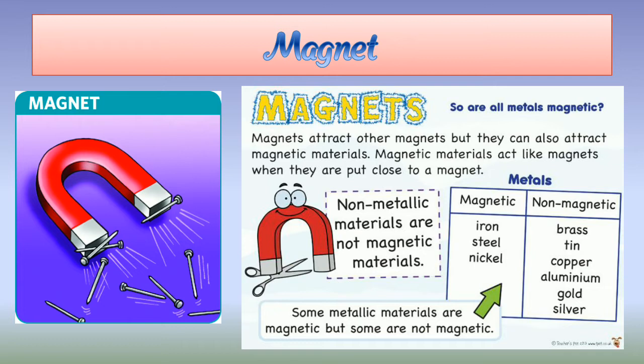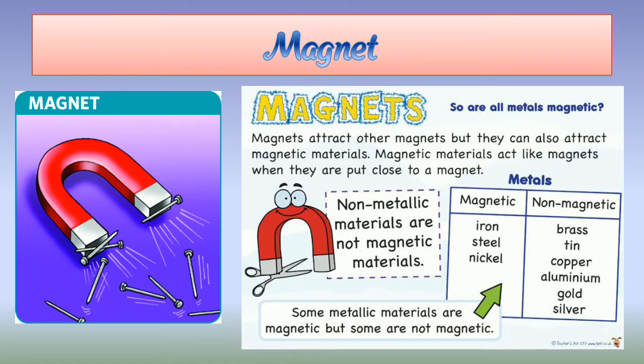So non-magnetic materials are materials that are not attracted. The magnetic materials are iron, steel, and nickel. These all are attracted to a magnet. Some metallic materials are magnetic but some are not magnetic.